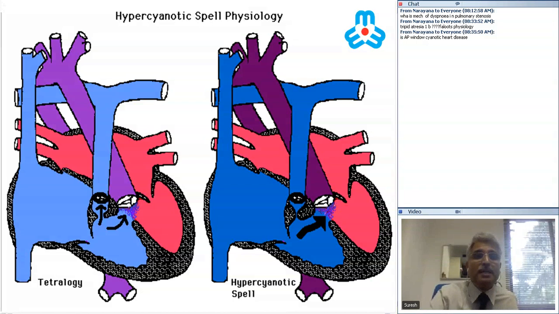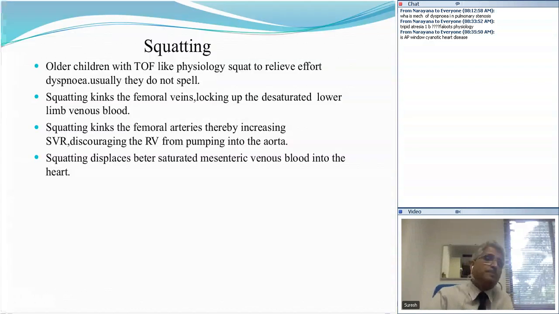Note the large VSD and the right ventricle pumping into the aorta and also across the obstructed infundibulum into the PA, and during a spell, as the flow through the pulmonary artery decreases, there is even a greater flow into the aorta of the desaturated blood. Something similar in older children will be squatting.